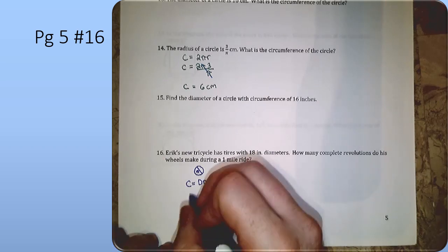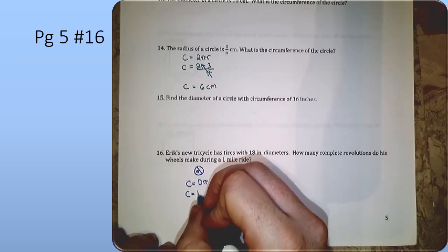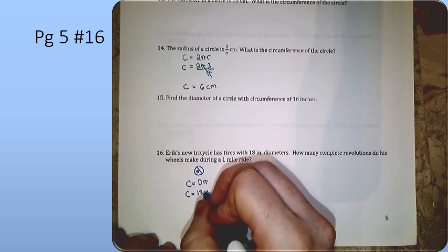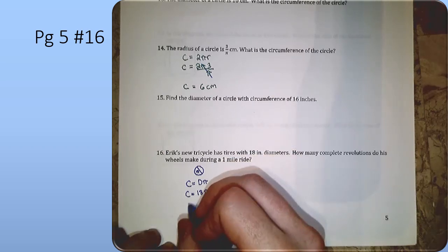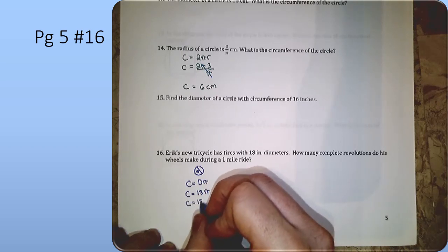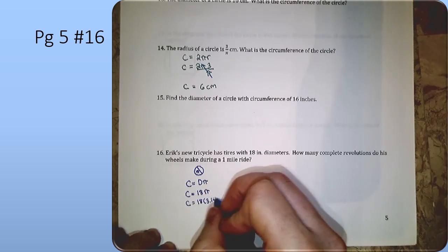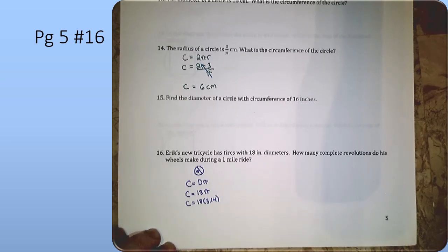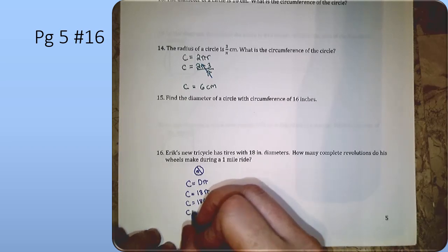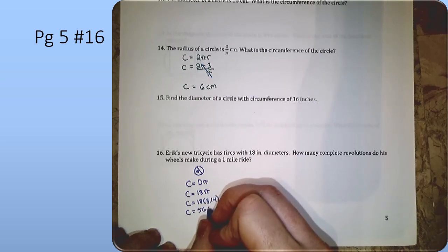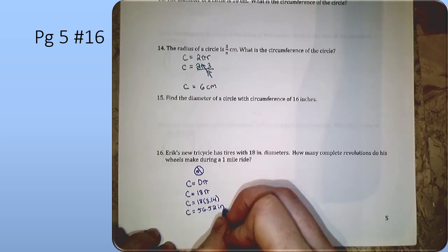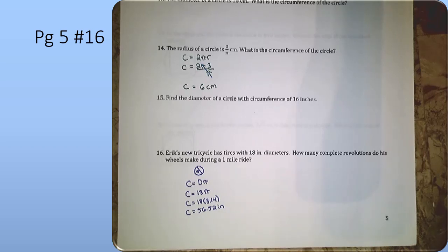In this case, the diameter is 18, so 18 times pi. Instead of pi, I'm going to make it 3.14. And when I do that, I get 56.52 inches. So that is the amount of inches in circumference. If I took this circle and put it out in a straight line, it would be that long.